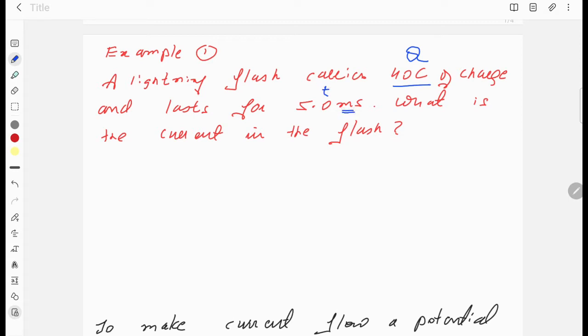This m stands for milli, which is 10 raised to the power minus 3. So Q is equal to 40 C, time is 5 millisecond, this means 5 into 10 raised to the power minus 3 seconds.